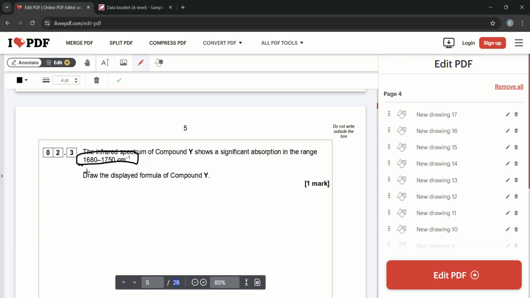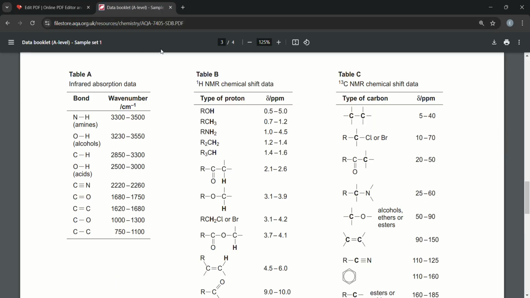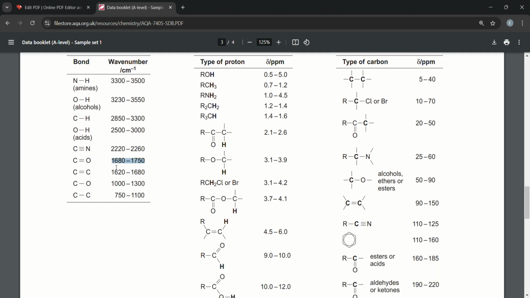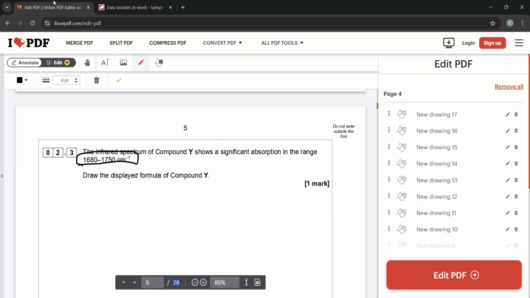Draw the displayed formula. I really don't like these type of questions. And that's exactly why we need to go through them. So we know the IR spectrum is 1680 to 1750. If we have a look at the data book sample, 1680 to 1750 is that.